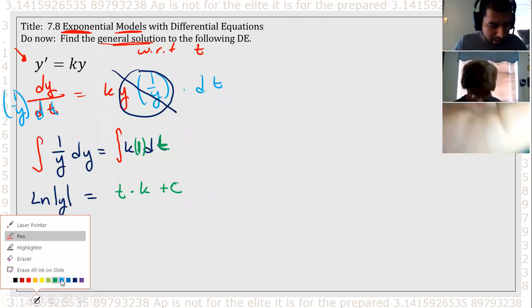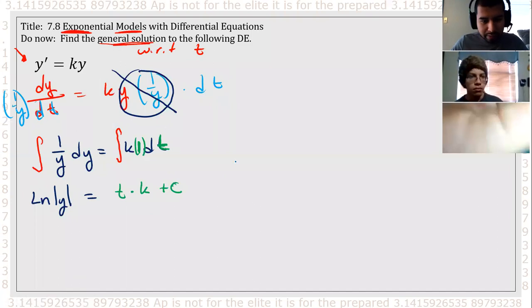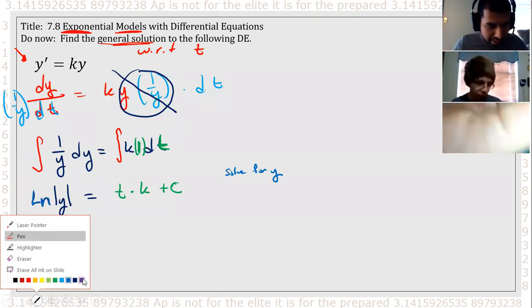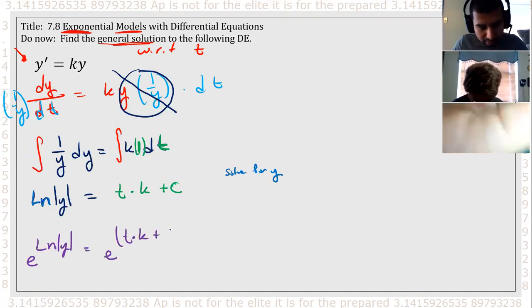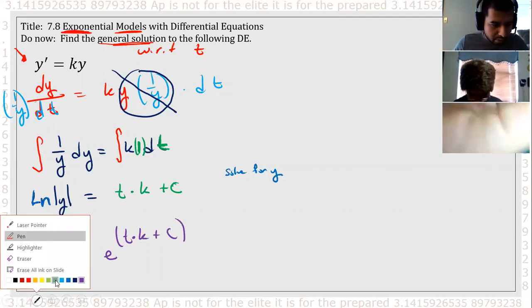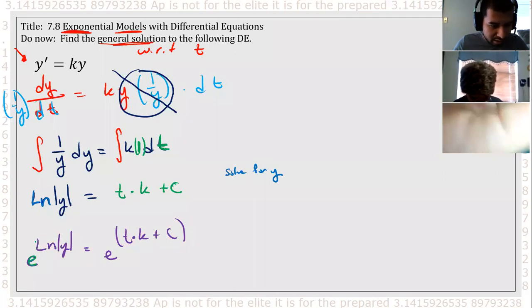Last but not least, I am solving for y, but it is with an ln. Hopefully we still remember how to get rid of the ln's. We put everything in the exponent, both left and right: t times k plus c. We do this in order for our ln and our e to simplify.